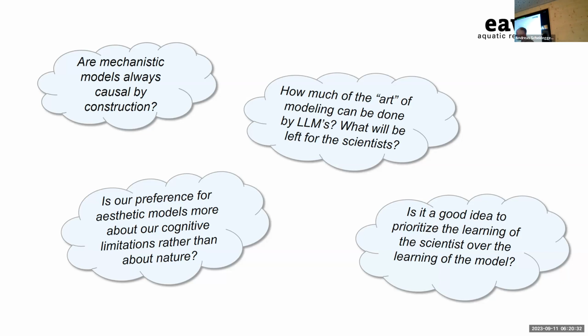I have a strong feeling that our preference for simplistic models, maybe even Occam's razor, has probably more to do with our cognitive limitations: we cannot handle 1,000 nodes at once, but we would like to have 3 things. And then, especially with large models: is it a good idea to prioritize the insight of the scientists over learning from a model?